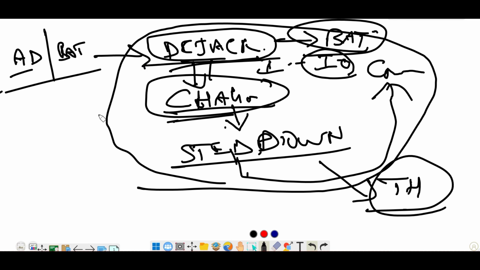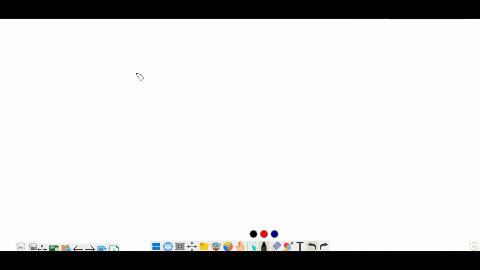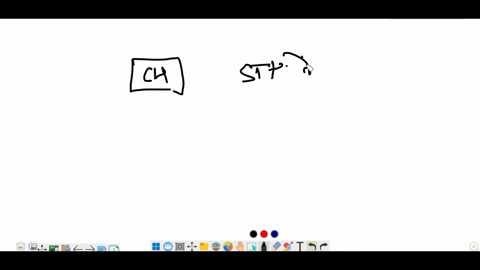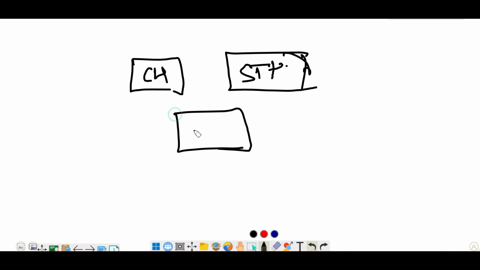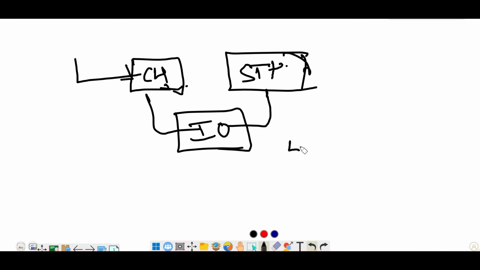First, what section? See, the communication between the charging IC, step down IC, and IO will start first. These three will be active initially, because once you connect the adapter, you will get the light on the system.